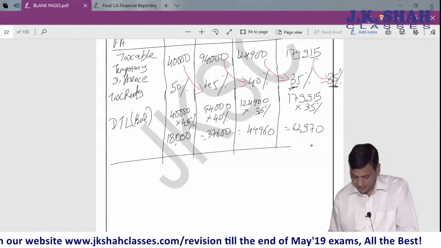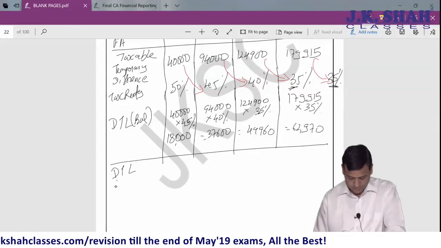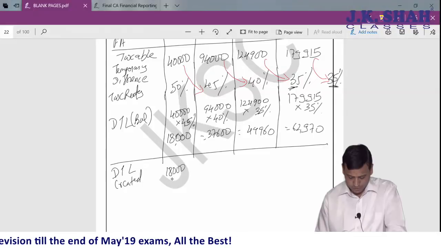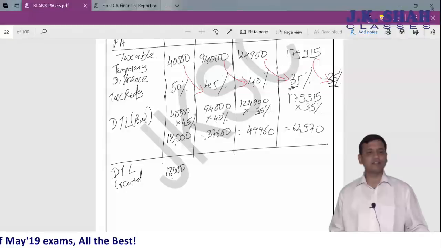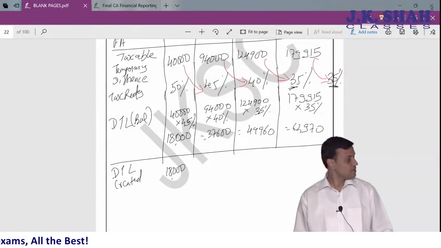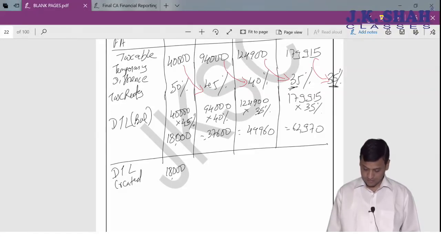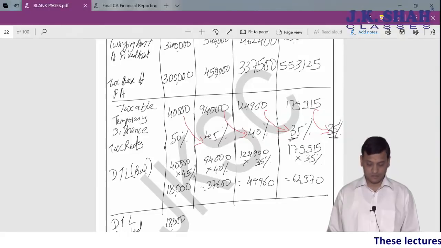I want this balance. So can I say DTL will be created? The amount of DTL created in the first year is 18,000. If I create 18,000 then the balance will be 18,000, right? Where is 43? 124,900 into 35%.